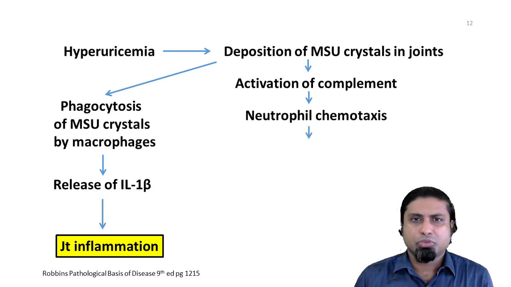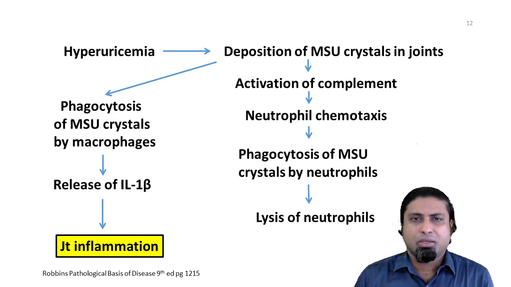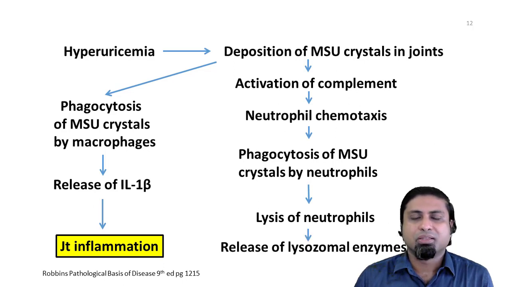The neutrophils will also phagocytose the monosodium urate monohydrate crystals, but in doing so they undergo lysis. And when they undergo lysis, they release a large number of lysosomal enzymes, and these also contribute to joint inflammation.